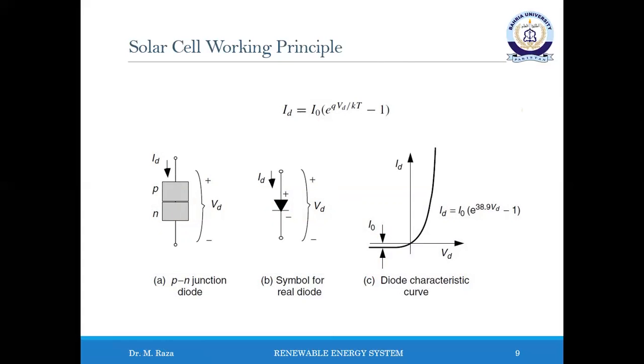I naught is the reverse saturation current in amperes. Q is the electron charge, which has the value of 1.602 × 10^-19 coulombs. K is the Boltzmann constant, which has the value of 1.381 × 10^-23 joules per Kelvin, and T is the junction temperature in Kelvin.